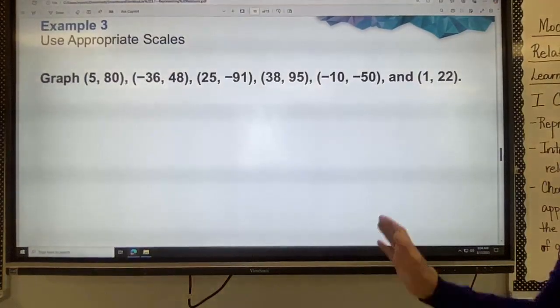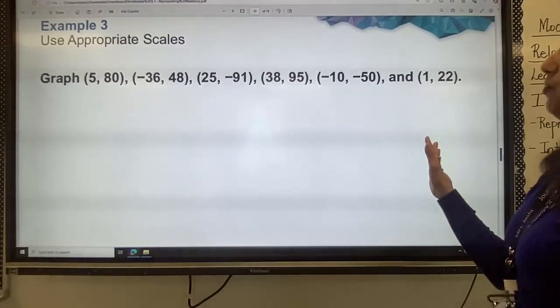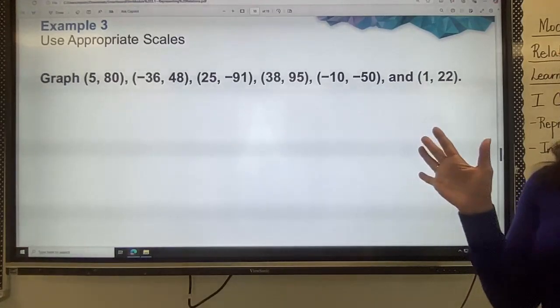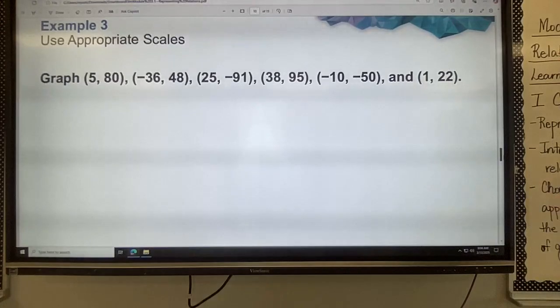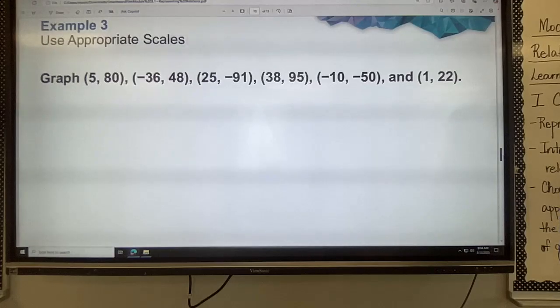So let's look at this one. If we are looking at the numbers over here, we've got to pick what the x coordinates and the y coordinates are between, and so what the scale of the graph should be.